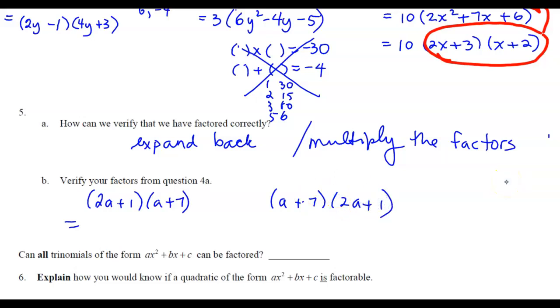Order of multiplying doesn't matter. These are the same. So either way, it's correct. Okay, and then when we expand back, 2a squared plus 14a plus a plus 7 equals 2a squared plus 15a plus 7.